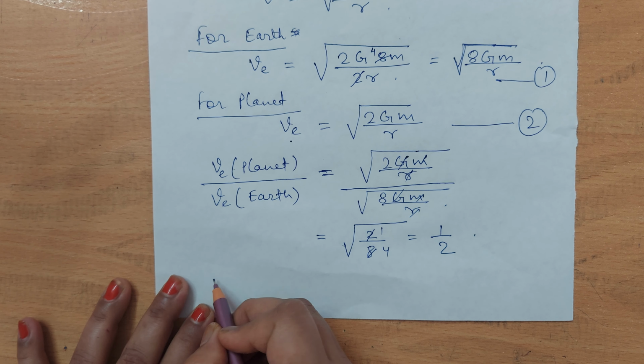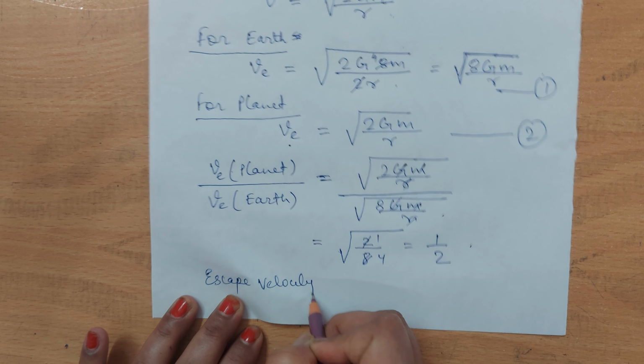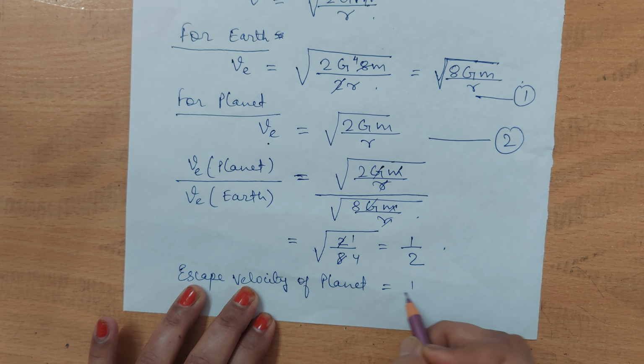So the escape velocity of the planet is equal to half.